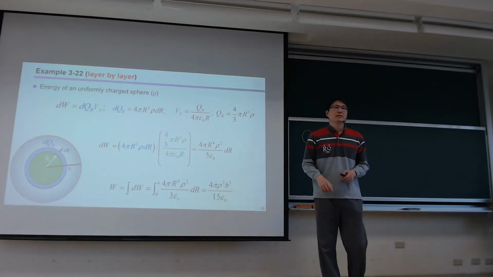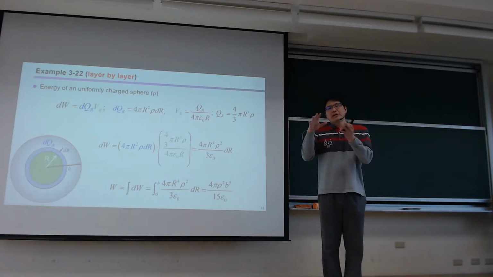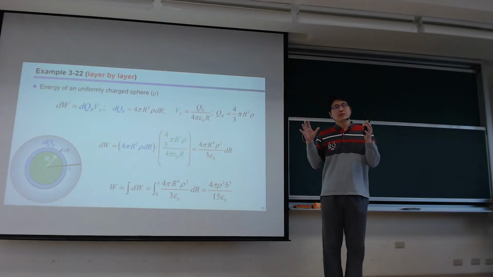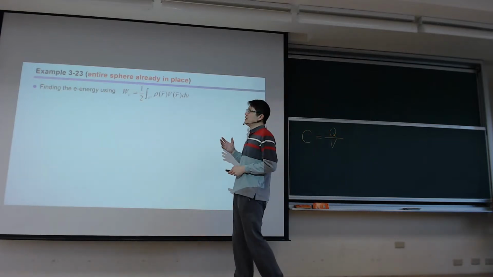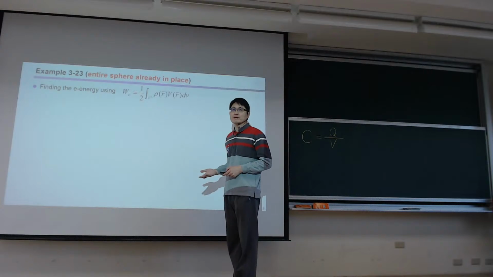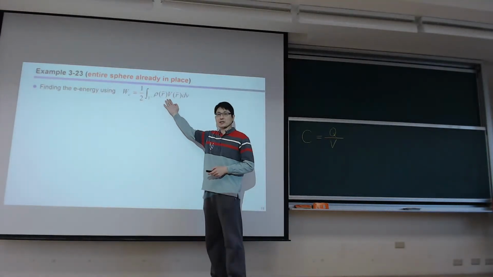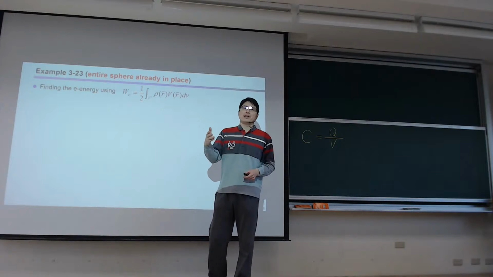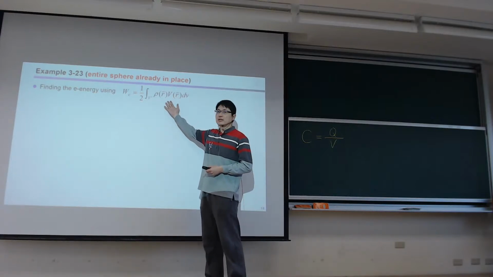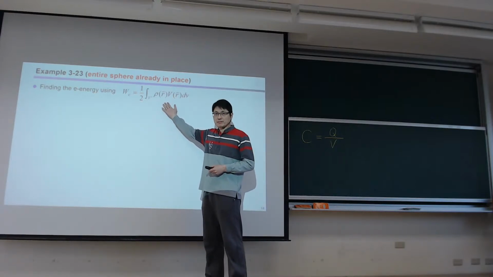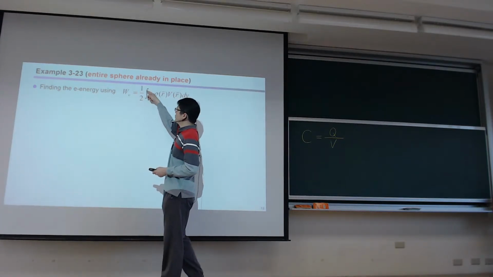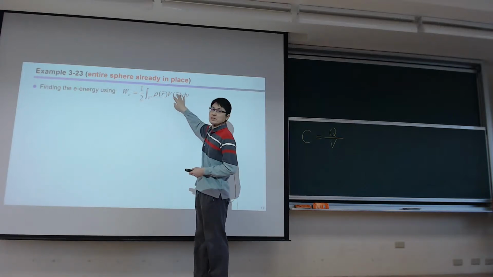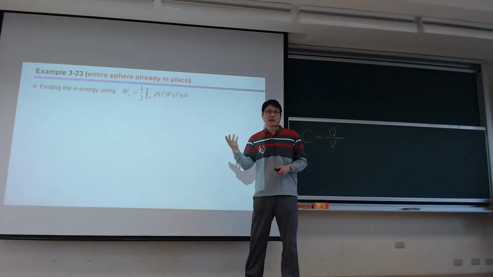So let us work with a layer-by-layer assembling approach. But the same results can also be derived by using this generic expression, because in the end, we want to use this developed expression: the total energy is 1 divided by 2 times the integration of rho times the potential, performed as a volume integration.